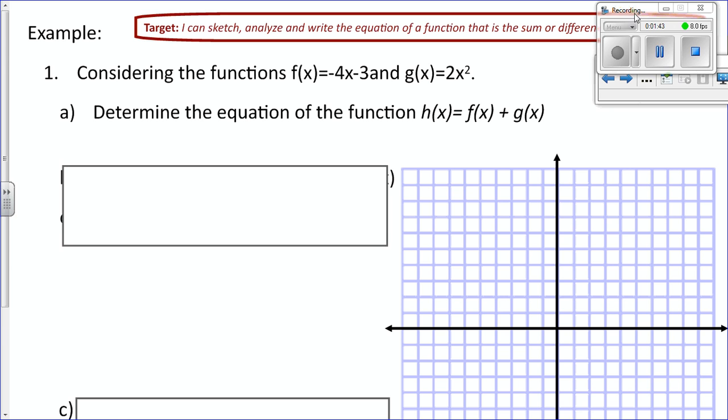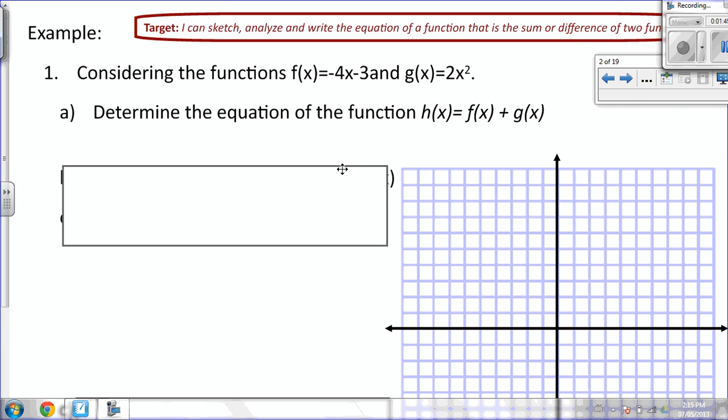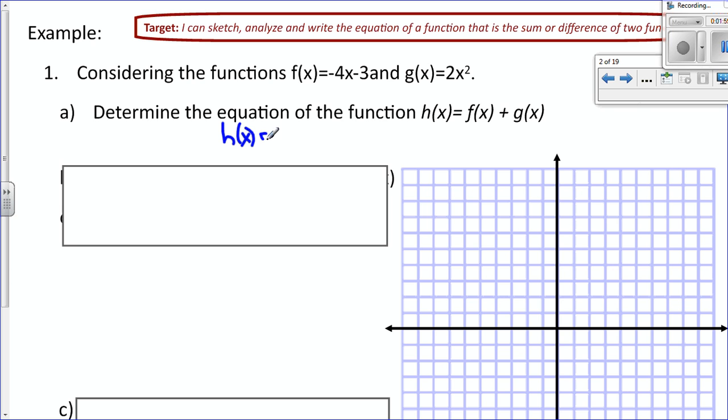Okay. So in order to do that, I am simply going to take my pen, if I can find it here. There we go. And say, okay, well, h of x equals my function f of x. So instead of f of x, I'm going to write negative 4x minus 3 because that is what f of x is. So negative 4x minus 3.